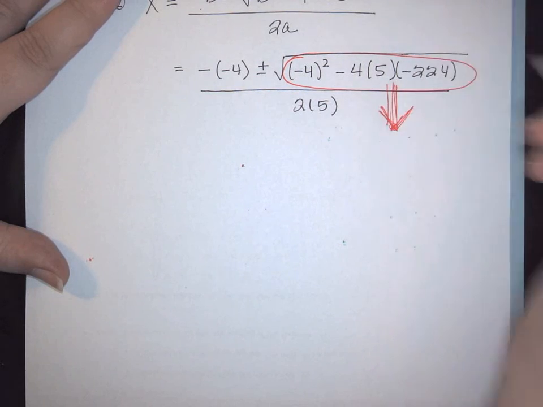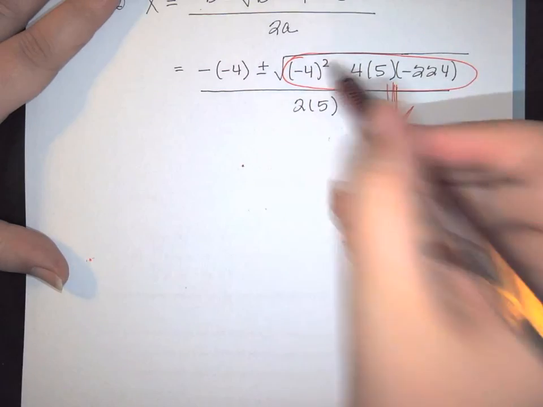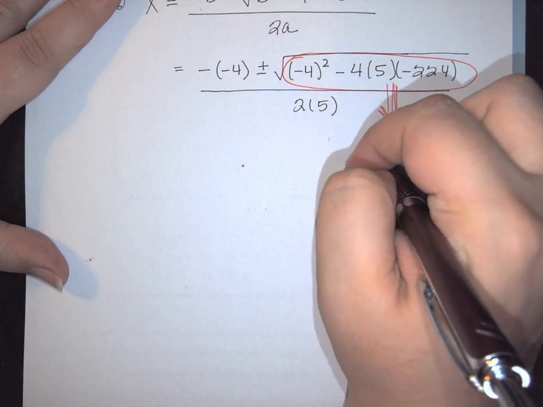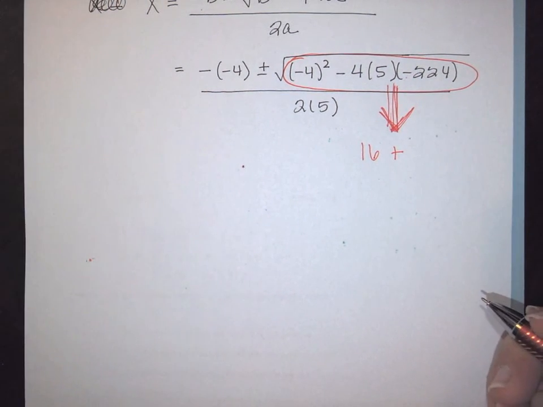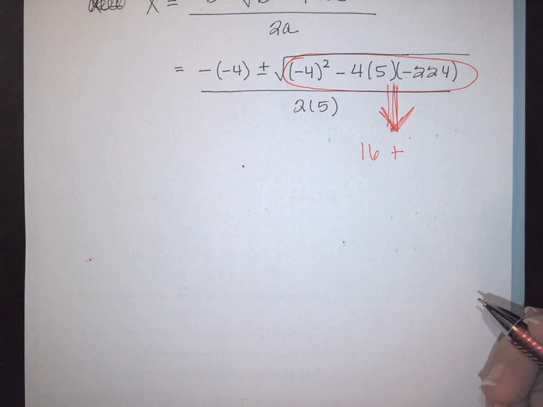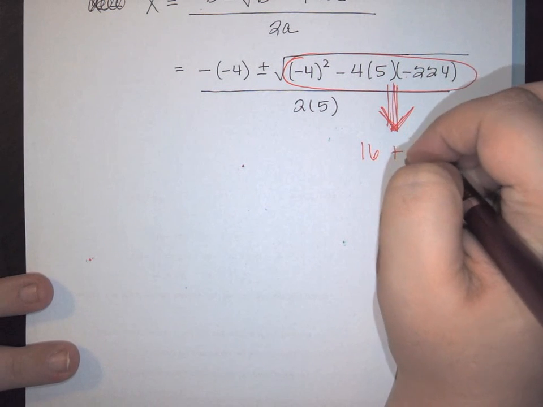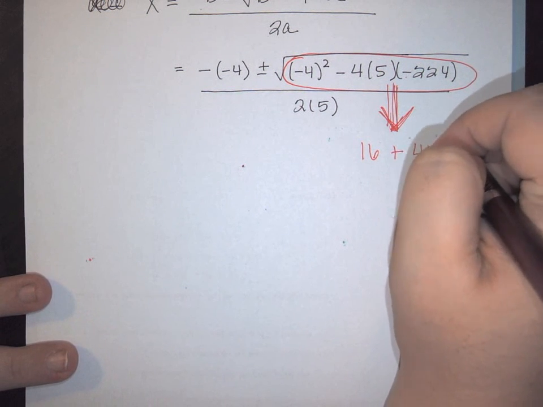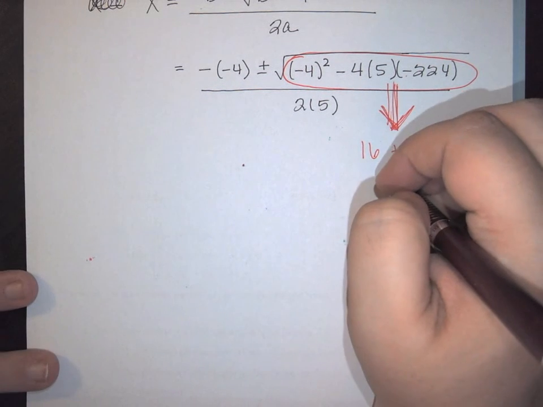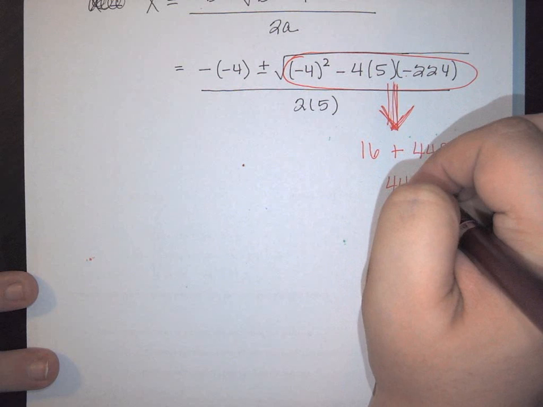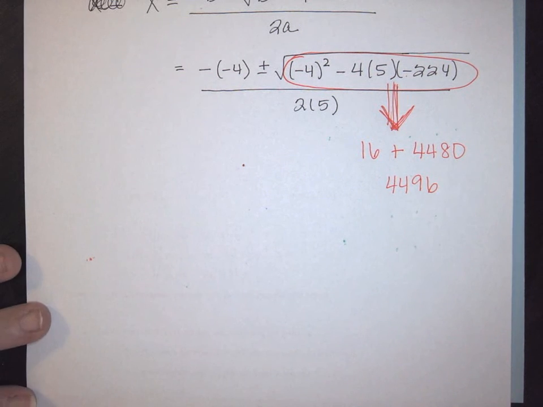Okay. So we have -4 squared, which is going to give us 16. Negative times negative is positive. And then 4 times 5 times 224 is going to give us 4480. Add your 16 to it and you get 4496 as a result.